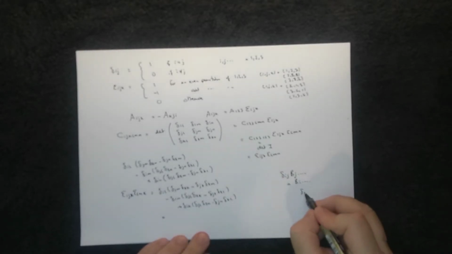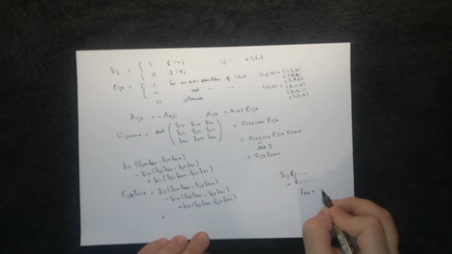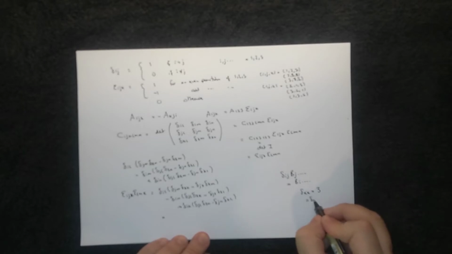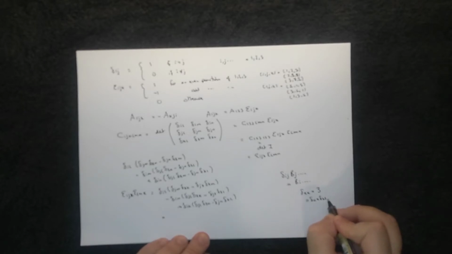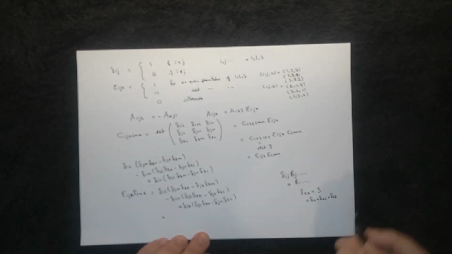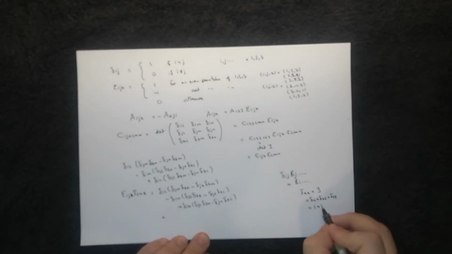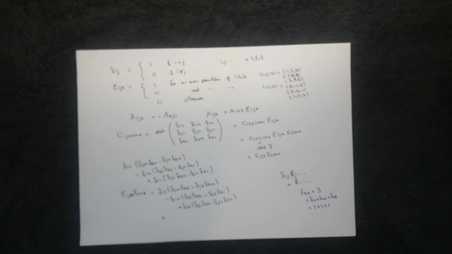Now delta kk is 3 because it's actually delta 1 1 plus delta 2 2 plus delta 3 3, and each one of these is 1.